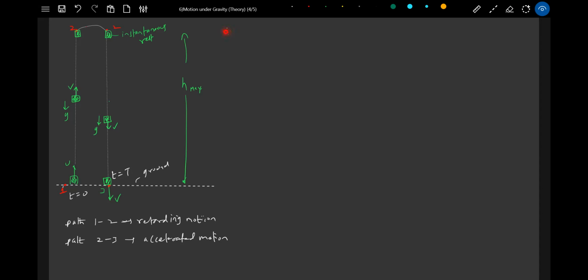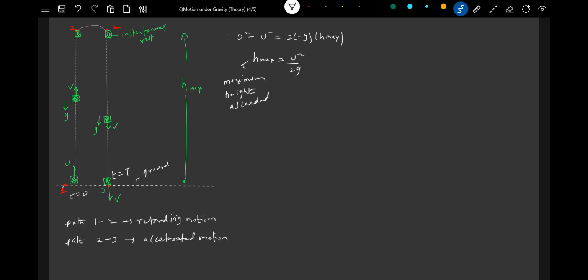Let's apply the first equation and calculate H max. 0 squared equals u squared minus 2 g H max. So H max equals u squared by 2g. This is the maximum height ascended.